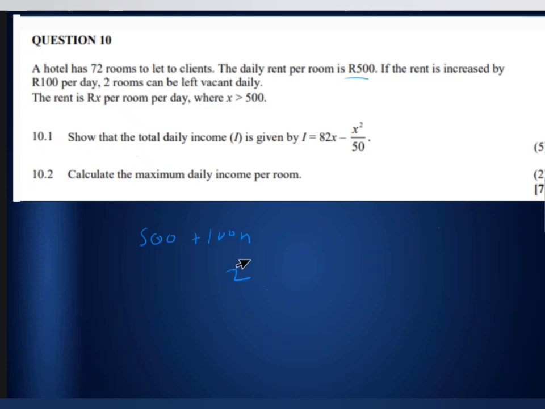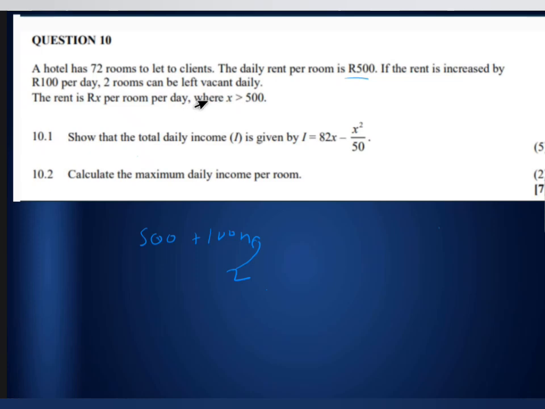So notice that if I put day 2 here, right? So day 2 not starting from today, right? Starting from the day it increases. No wonder they said X is the rent per room where X is greater than 500. Why greater than 500? It will start counting from when we increase. So that's what's going on here, right?